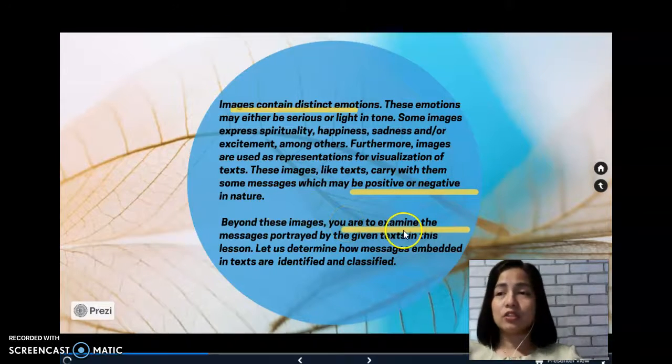Your task is to examine the messages portrayed by the given text in this lesson. Let us determine how messages embedded in text are identified and classified.